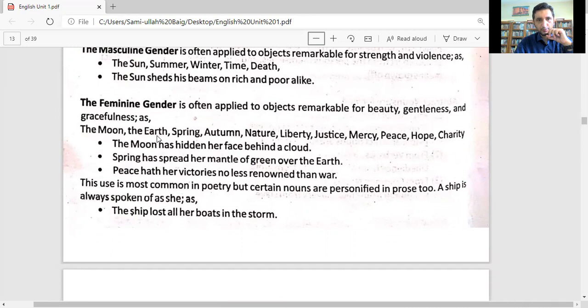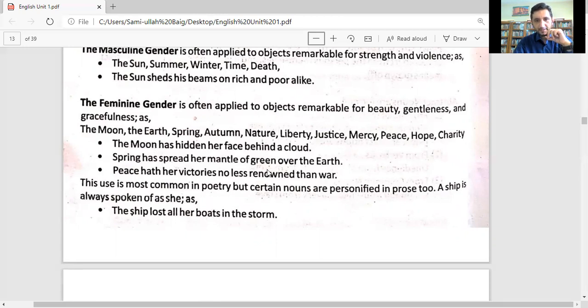For example, the moon, the earth, spring, autumn, nature, liberty, justice. So these are non-living things which we assign the female gender. The moon has hidden her face, not his face, behind the cloud, because the moon is beautiful, gentle, and full of grace.